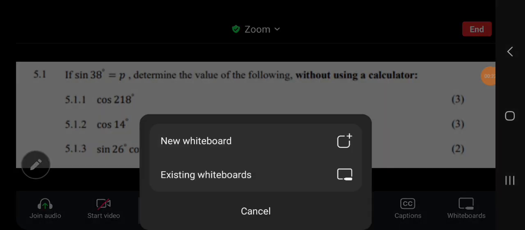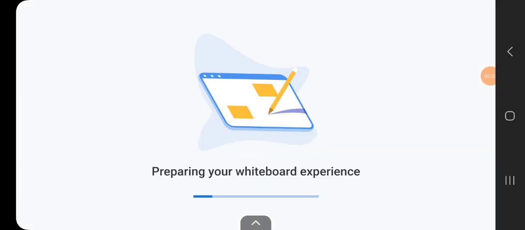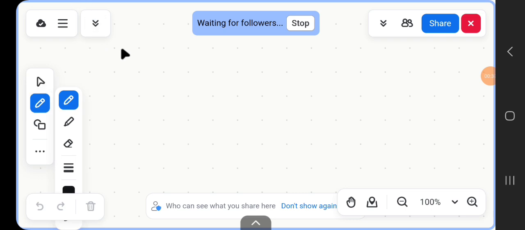It says: if sine 38 degrees is equal to p, determine the value of the following without using a calculator.